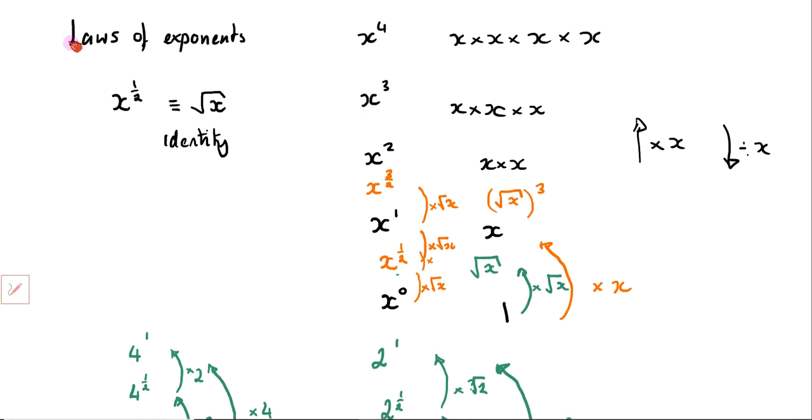What's the next one? X to the power of 5 over 2. And that would be the square root of x to the power of 5.